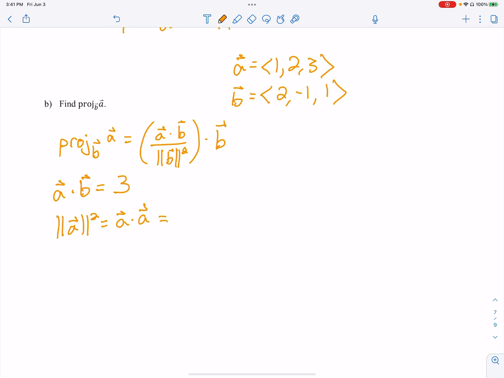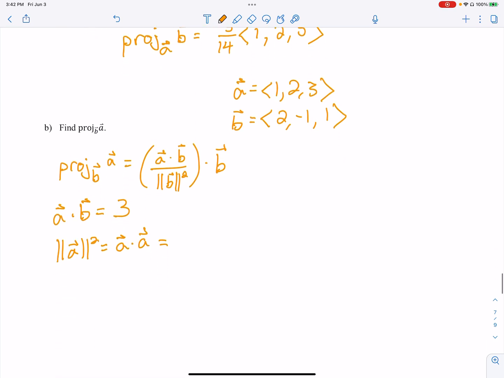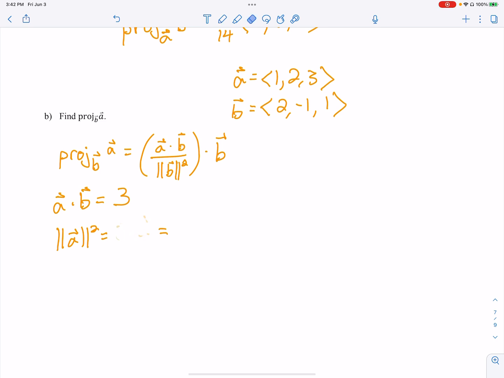Okay, so B here. And we got B dot B. So looking at B, I got 4 plus 1 plus 1, which is 6.